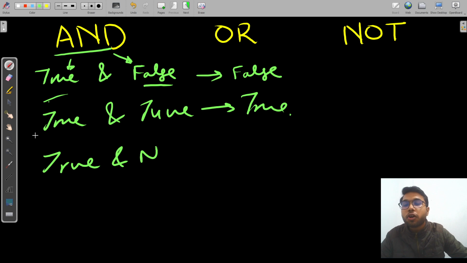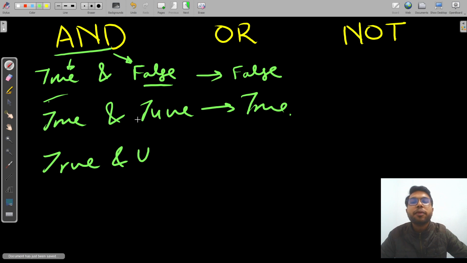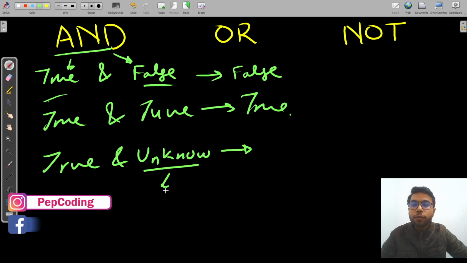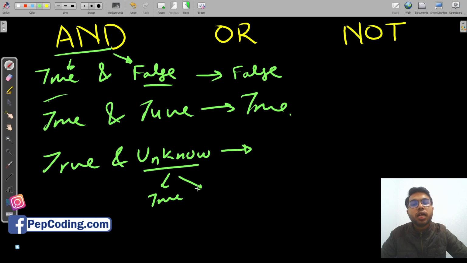I mean, not null. Well, it won't be null, it would be unknown, right? We are comparing logics here, so there would be an expression with a null and that would have given you unknown. So we will elaborate a little bit on this. Let's try to find out what this would be. So true and unknown. Unknown, as I said, could be anything. It could have been true, it could have been false.